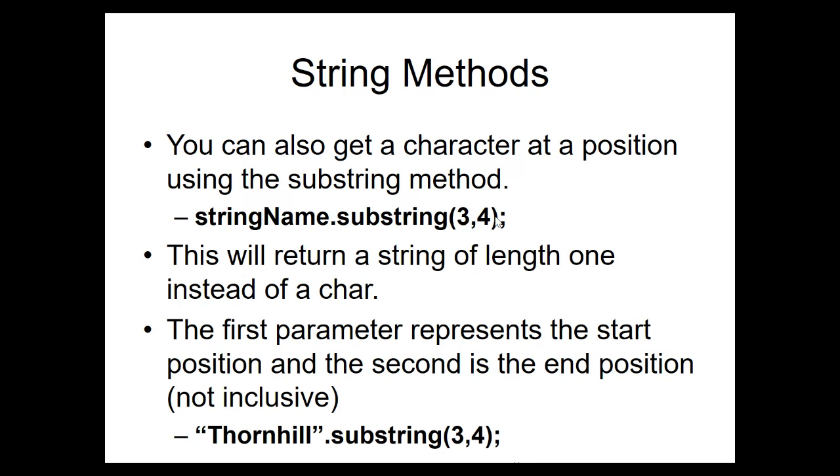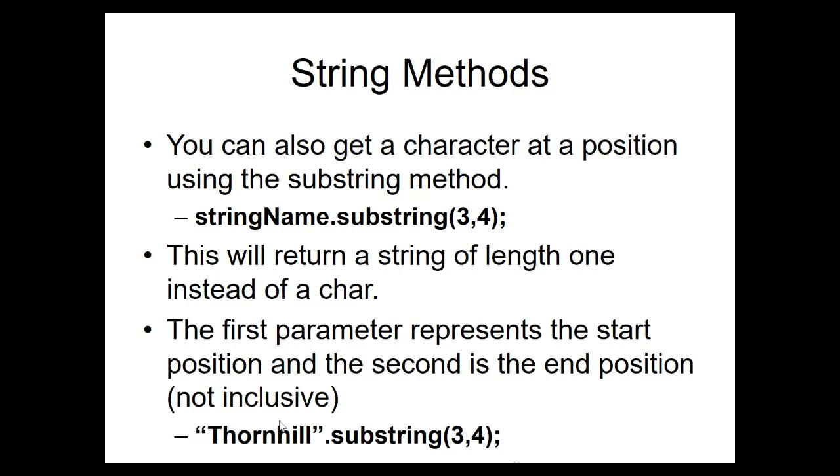The 4 is the ending index, but it's not inclusive of that number. So it's a little bit confusing, but when you say 3, 4, it's only actually going to get you character 3, but it returns it as a string rather than as a char. So it'll be a string of length 1 in this case. That'd be good if you wanted to extract one letter and keep it as a string for a certain reason instead of doing charAt, which returns you a char.